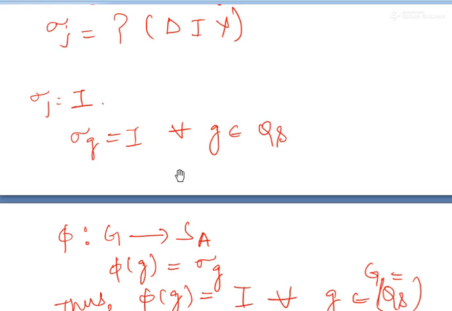And because all the sigma G's where G belongs to Q8 are evaluated in terms of sigma I and sigma J, sigma G is the identity for every G belonging to Q8, as we did in the previous example.